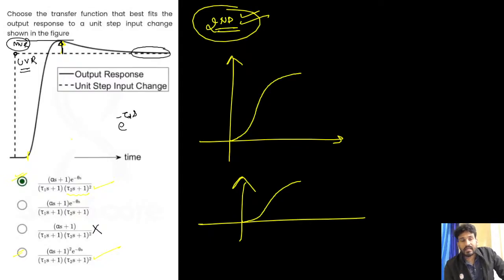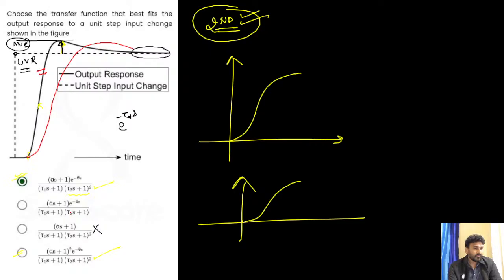But here you can see that after this point the curve rises with a higher slope. Yes or no? Is it clear to you guys? Normally in the second order I can expect this kind of curve of the output, but this is aggressive in nature, meaning the system is fast.